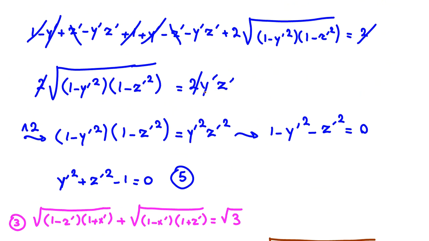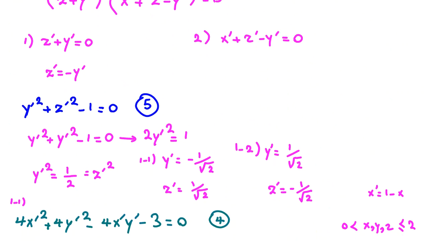Y prime z prime, this product equal to this square root, so it is at least 0. So y prime z prime here will be negative y prime squared. It will be less than 0, because we can calculate it: y prime squared is 1/2, so it will be negative 1/2. But we said it should be at least 0, so that's a contradiction.